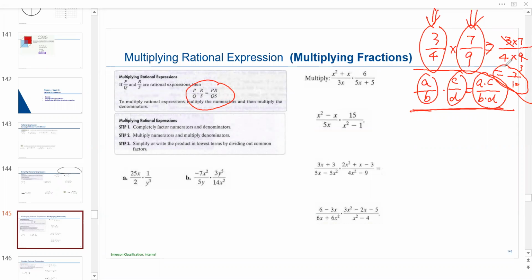After that, they do the simplify. So the process is written here. Step 1, factor the numerator and denominator completely. You can factor first, make it simpler first if they are too complicated. Step 2, multiply the numerators and multiply the denominators. And the third step, simplify the expression to the lowest terms, make it a more simplified version, right?